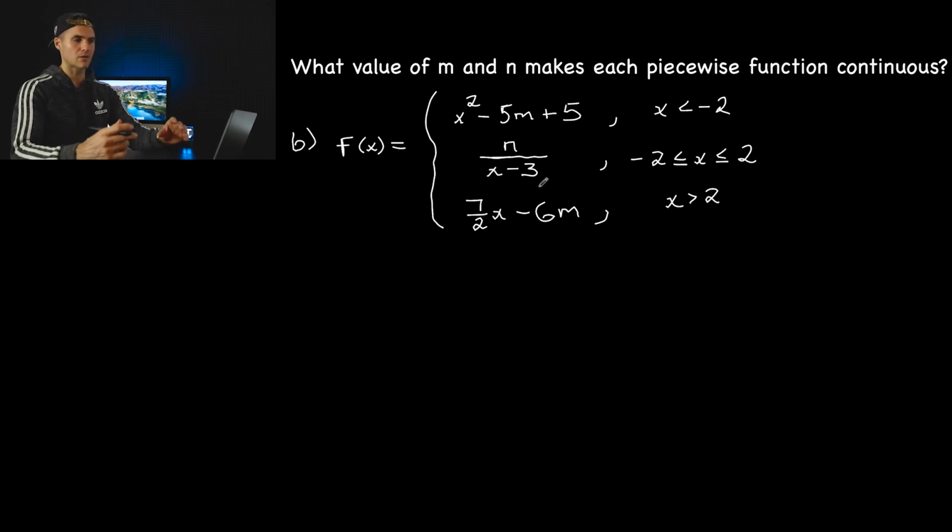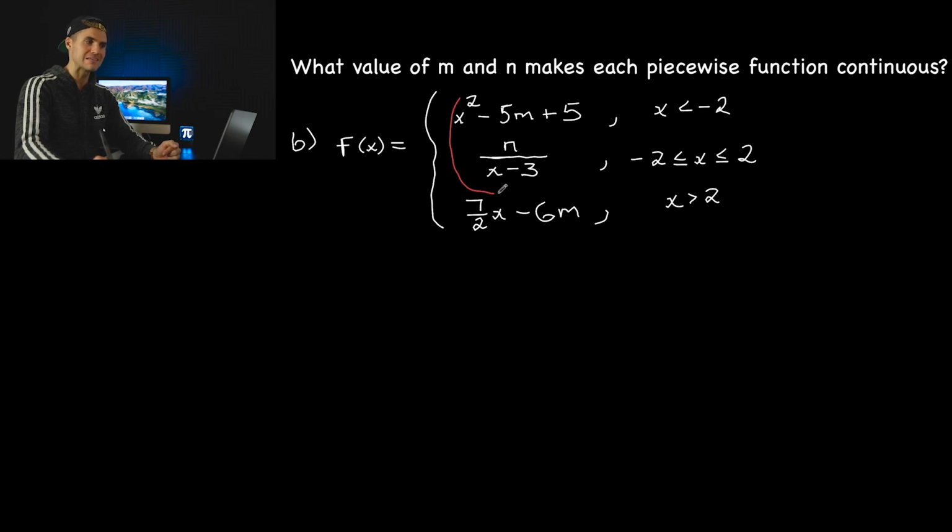So basically, wherever these pieces are meeting at whatever x values, the y values at those meeting points have to be the same. So notice that this first piece, its domain is all the way from x values negative infinity all the way to negative 2, right? That's where it stops. And then the next piece is going to continue off from that same x value of negative 2.